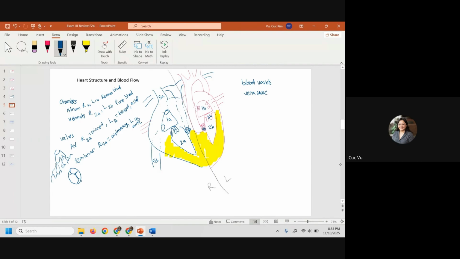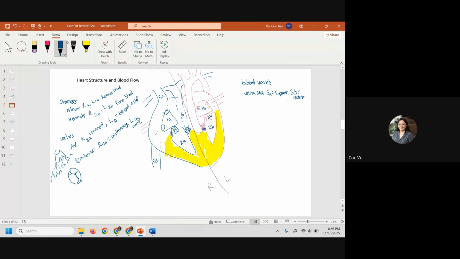You can put an E at the end if you like, it depends. But if you're looking at one, it's vena cava. So let's keep it that way. 5A would be your superior. 5B will be your inferior. Okay. Then from there, let's do 6.